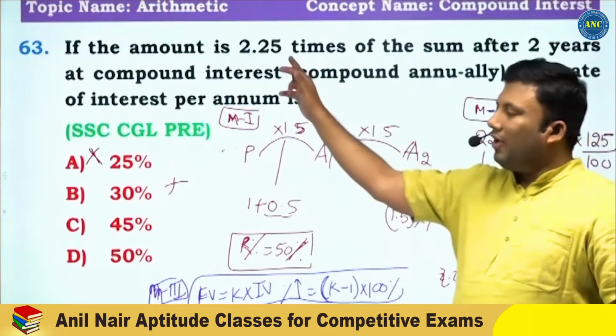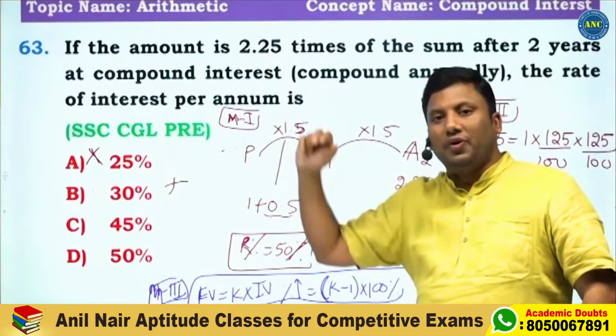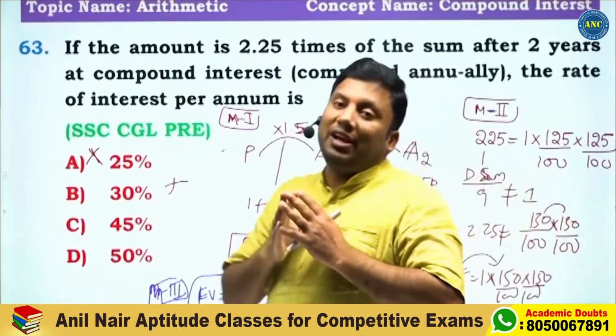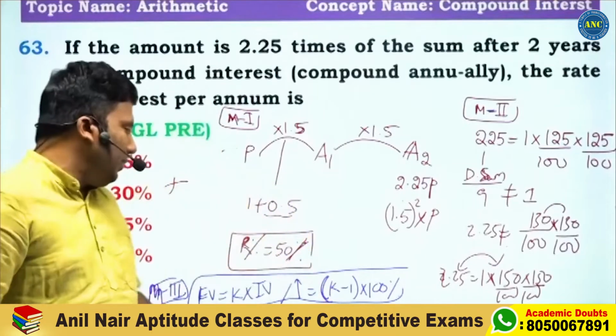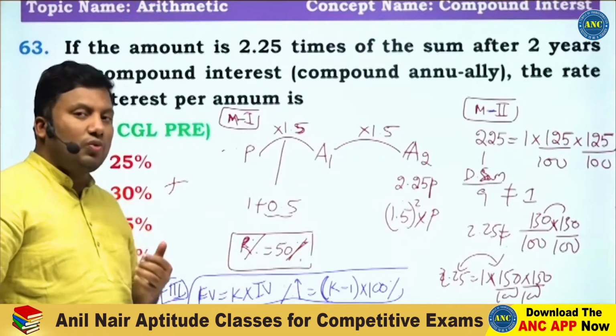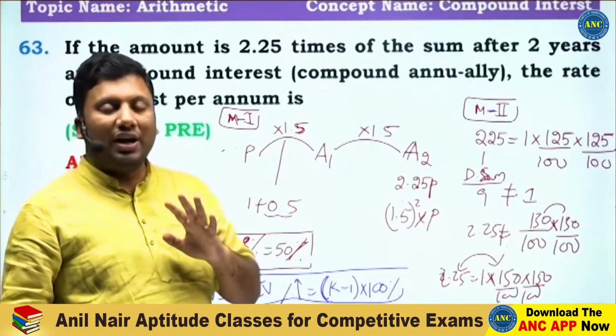Final value is 2.25 times the principal. If the final value is 2.25 times the principal, change will be 2.25 minus 1, 1.25 into 100.